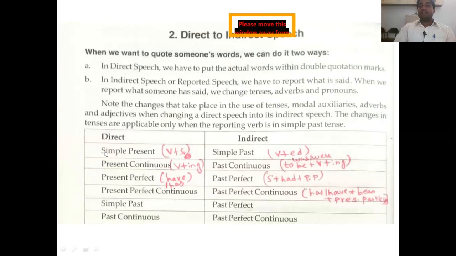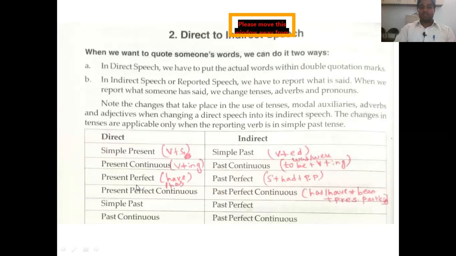Some of the tenses are as follows. First, direct speech, simple present, which means verb plus s or es. It changes into indirect speech, simple past, verb plus ed. In direct speech, present continuous, verb plus ing. In indirect, past continuous: was or were plus verb plus ing.